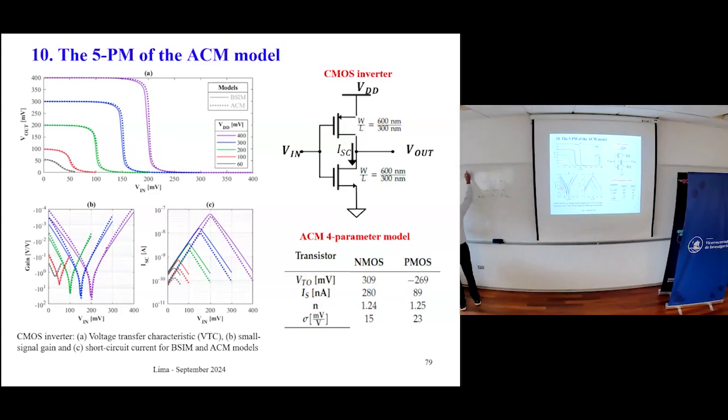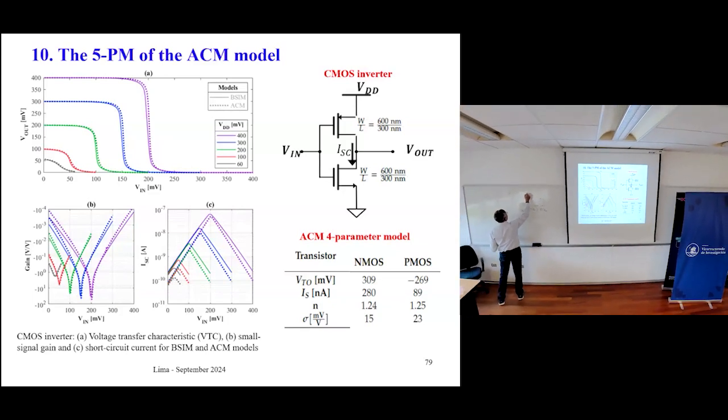And this power, dynamic power, is proportional to VDD squared. This is one of the main reasons to devise technologies that can be supplied by low voltages.